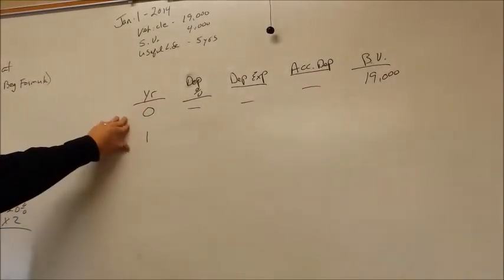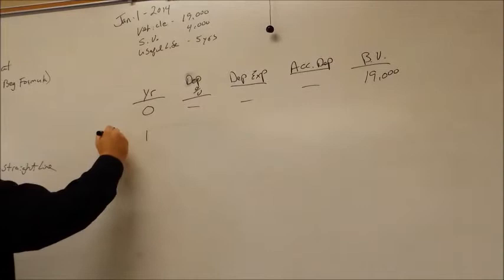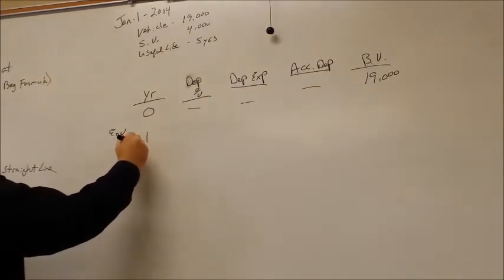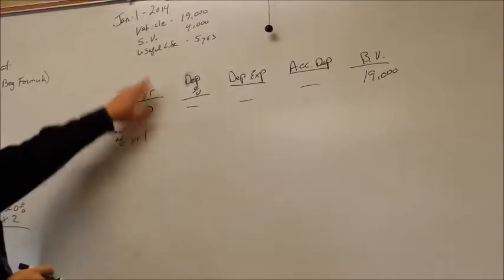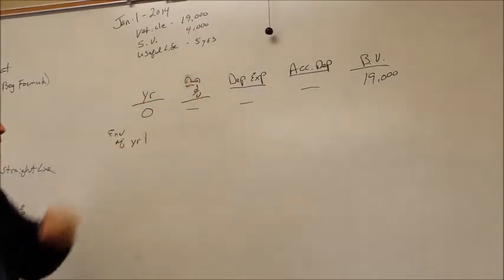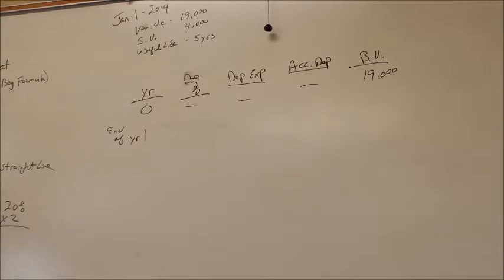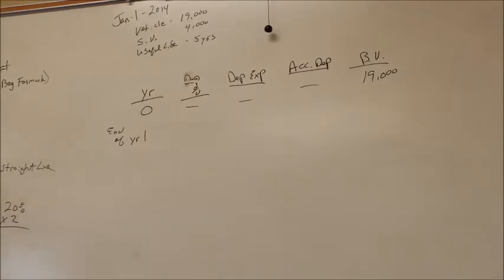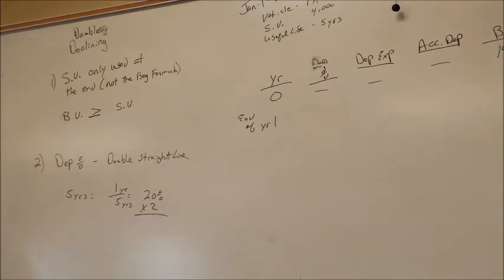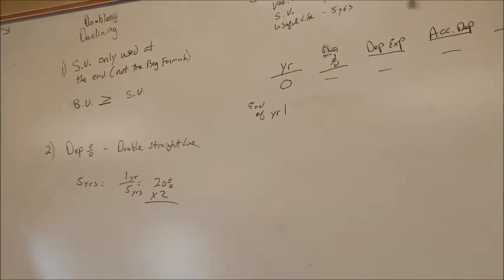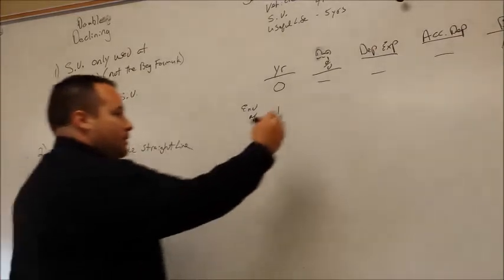Now the end of year 1. If it helps you, end of year 1. My depreciation percentage. Well, I just happen to have the same amount that I did as my example. 5-year useful life. So 1 over 5 is 20%. That's what straight line would have been. But I'm going to multiply that by 2.